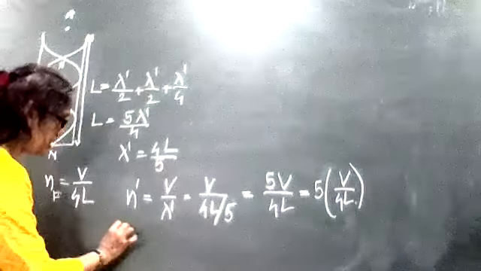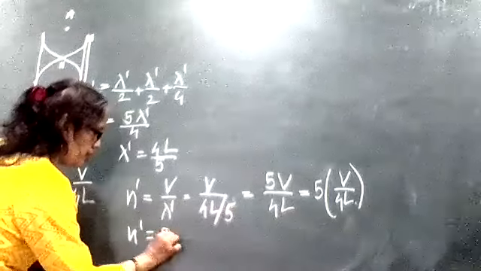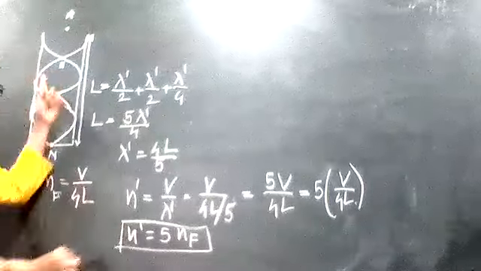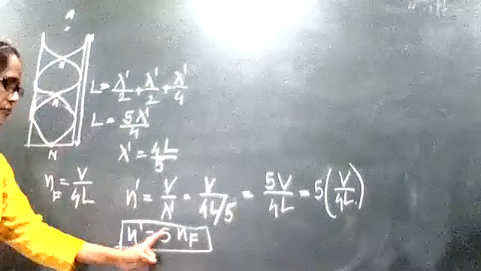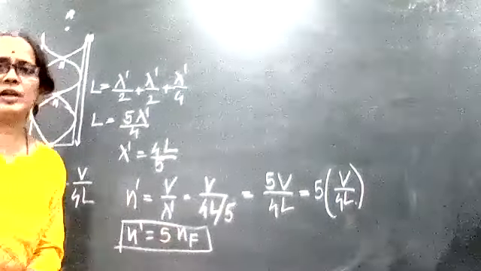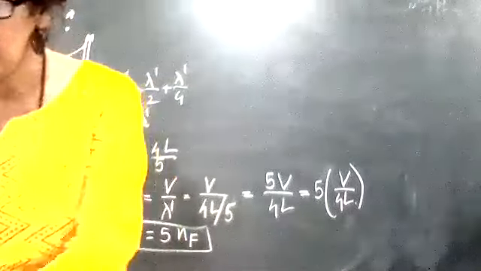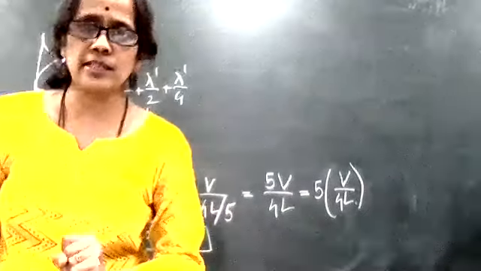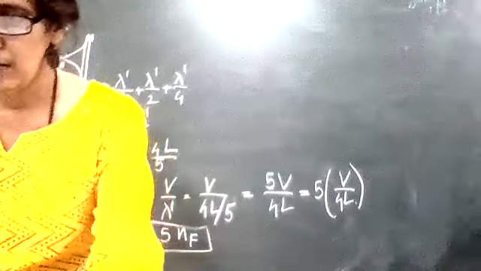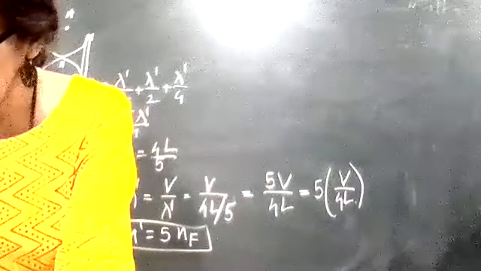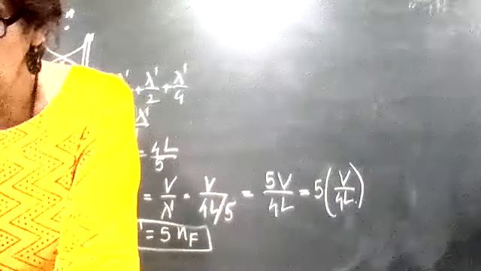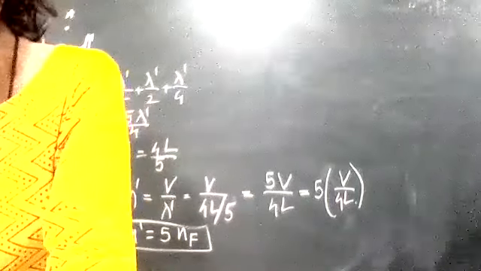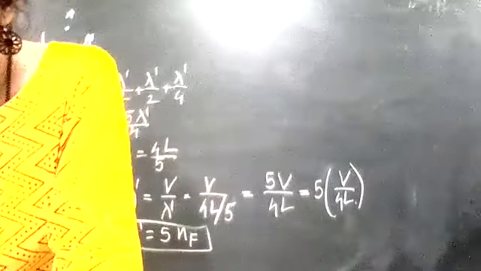So n dash is equal to 5 into the fundamental frequency. So in this mode of vibration, your air column will vibrate at 5 times the fundamental frequency, which means option D is your answer. Clear? Okay. Fine.